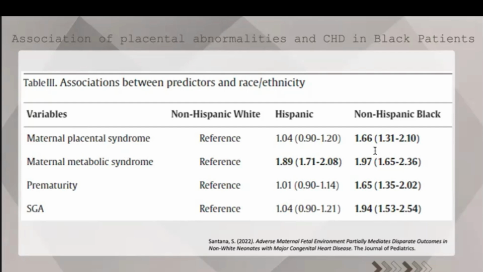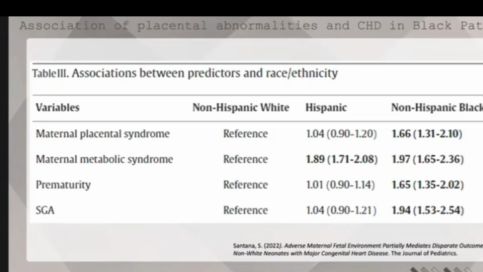Maternal placental syndrome was defined as the presence of one or more of the following: maternal preeclampsia, gestational hypertension, or placental abruption. And then maternal metabolic syndrome was defined as the presence of one or more of pre-existing diabetes or gestational diabetes, or a BMI of more than 30.